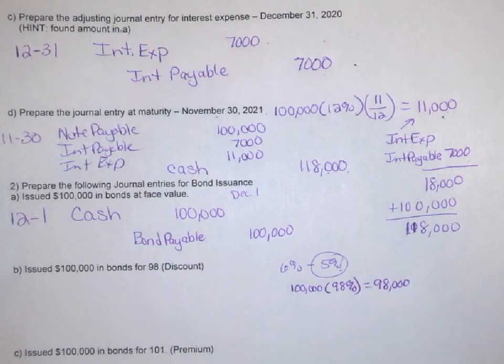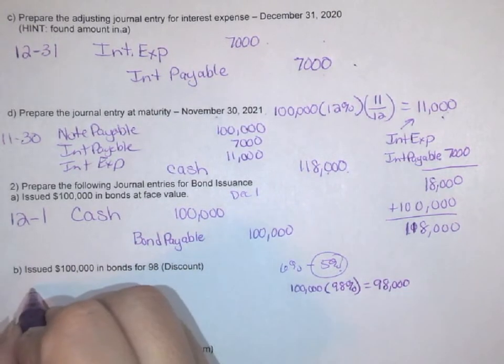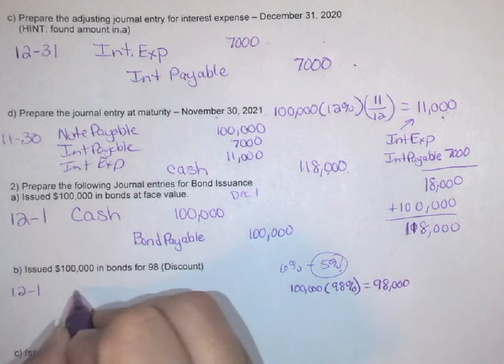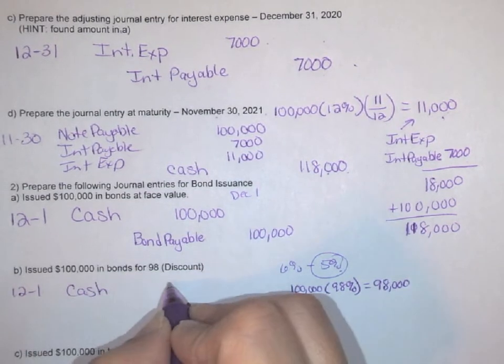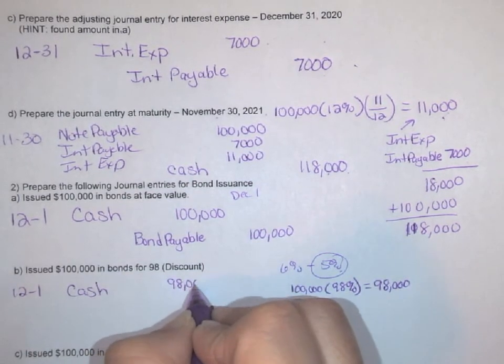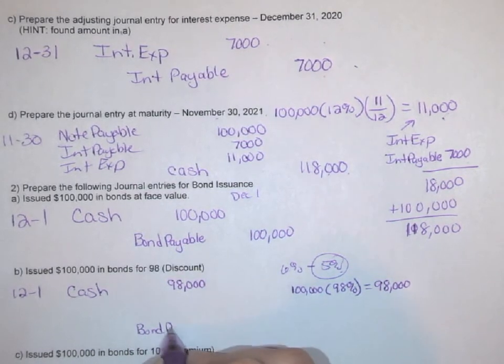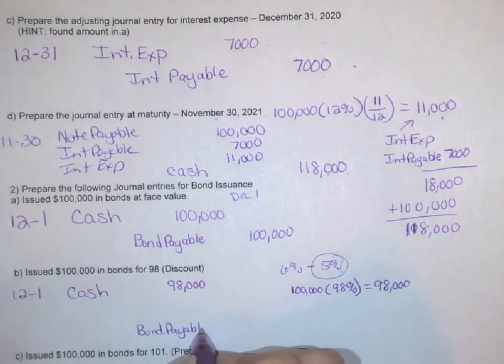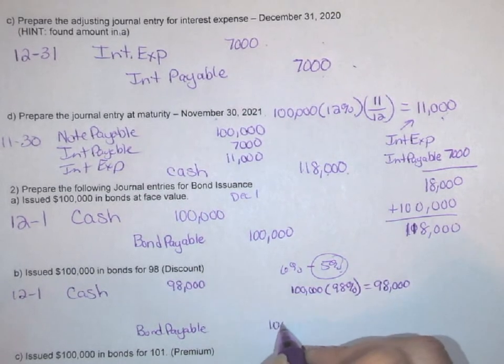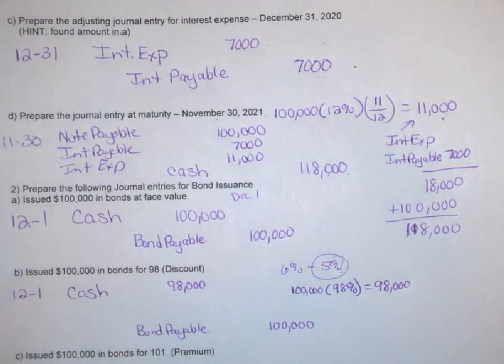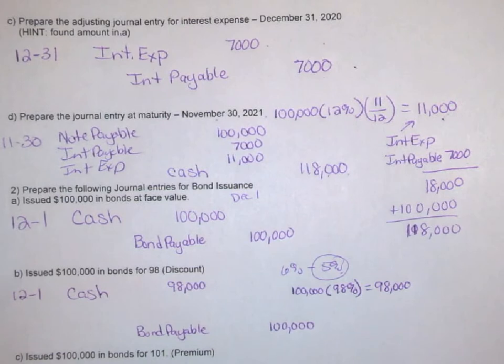So when we go in and we get this cash for $98,000, that means that we are going to debit our cash for $98,000. But now that bond payable is still out there, and we still owe these bondholders $100,000 when it matures. So at this point, our debits and our credits do not equal, and so we do have to make sure, of course, that our debits and credits are equal.